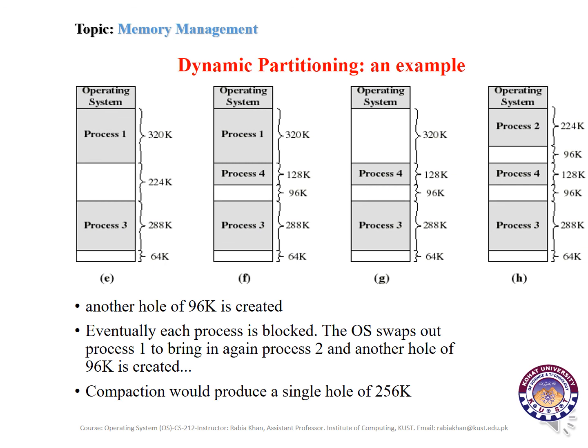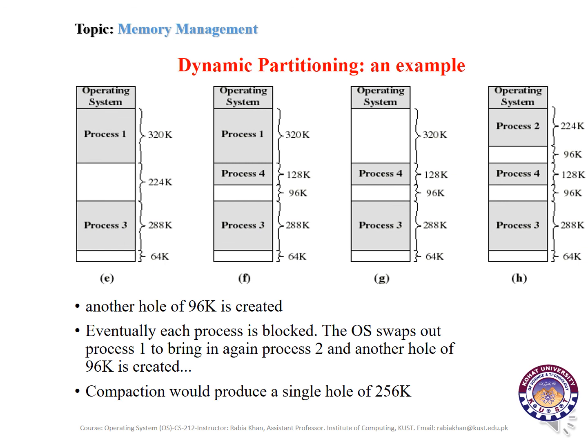You can see 3 small holes in figure H. All these small holes throughout memory actually waste memory. And this problem is known as external fragmentation, as these holes are external to any occupied space.